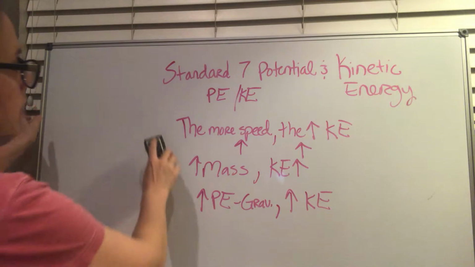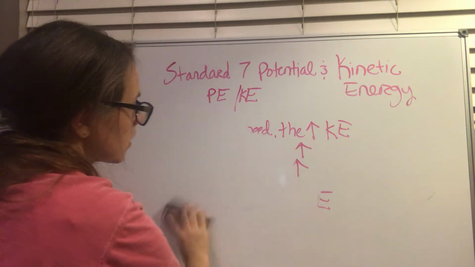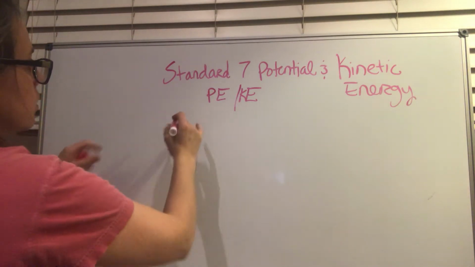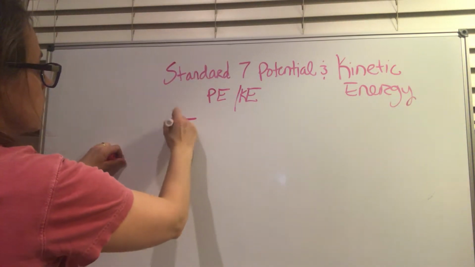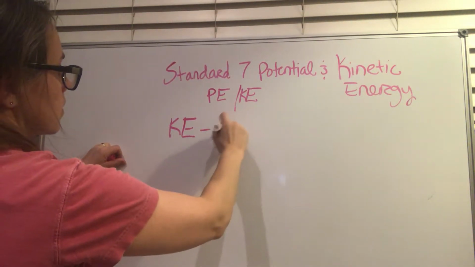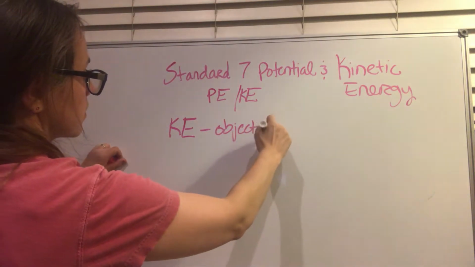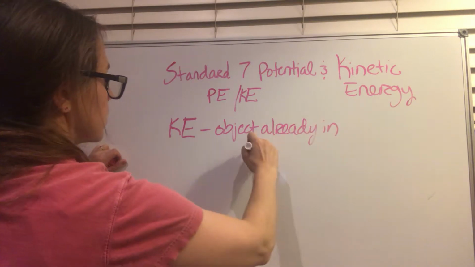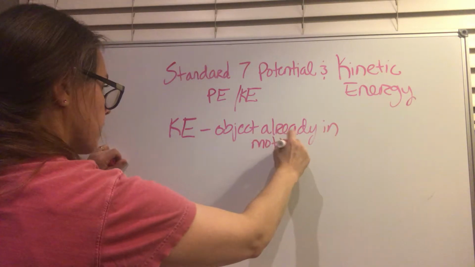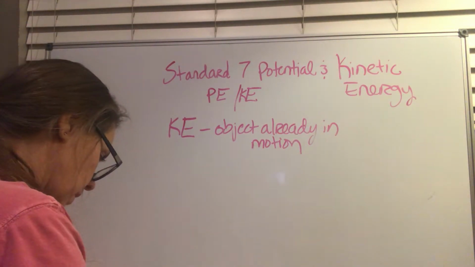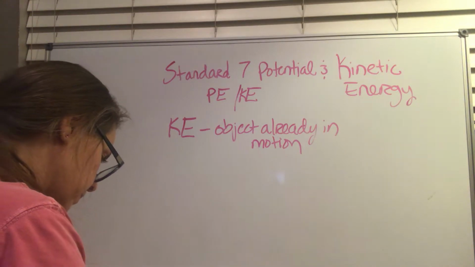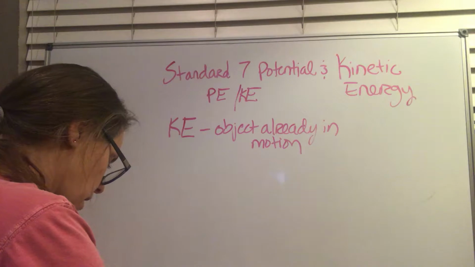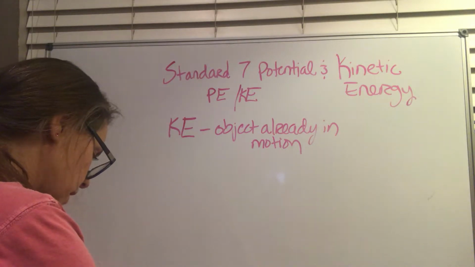So kinetic energy is a measurement of when the object is already in motion. So it doesn't subtract or count the energy needed to get the object in motion from rest.